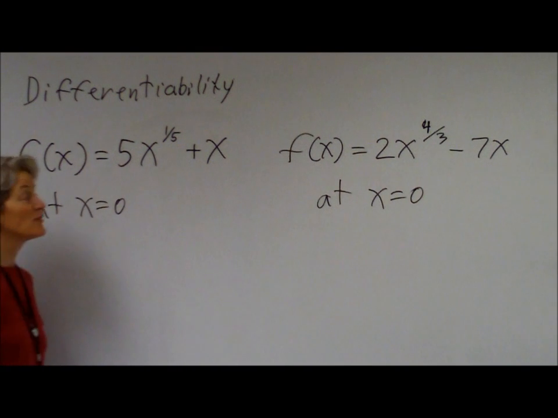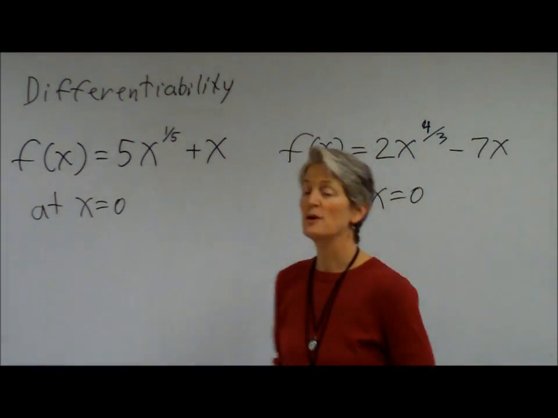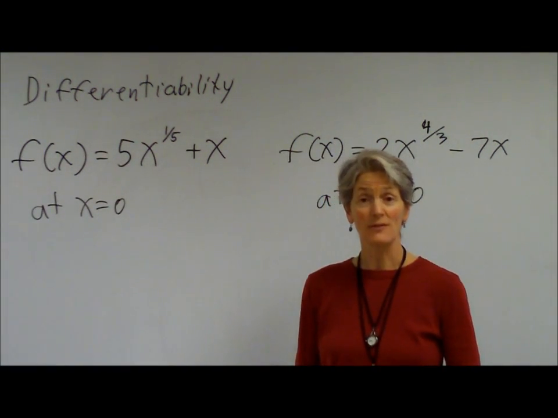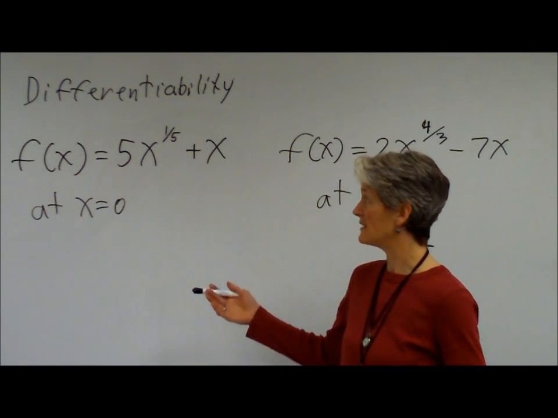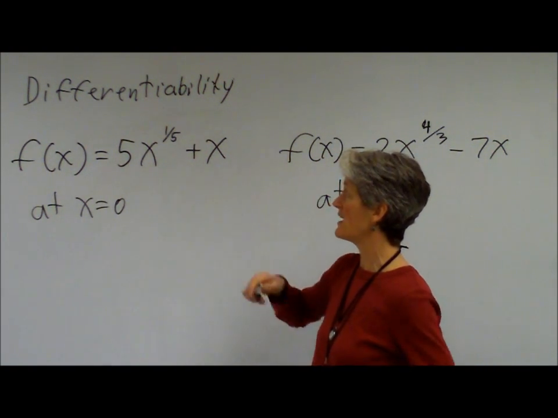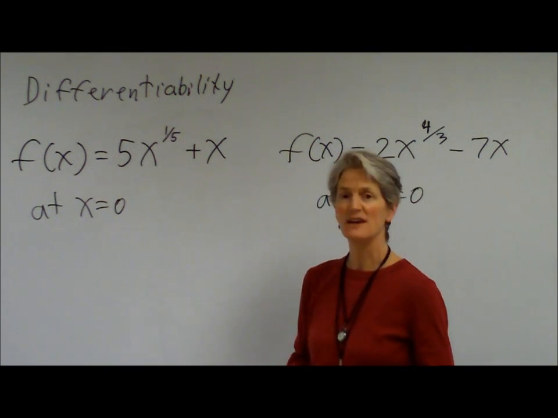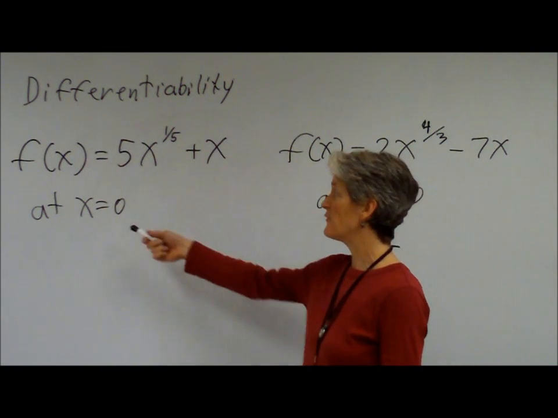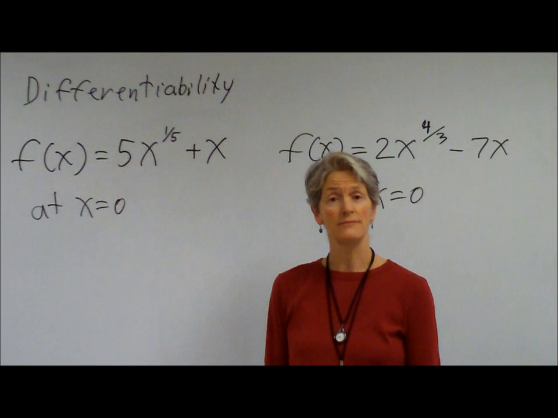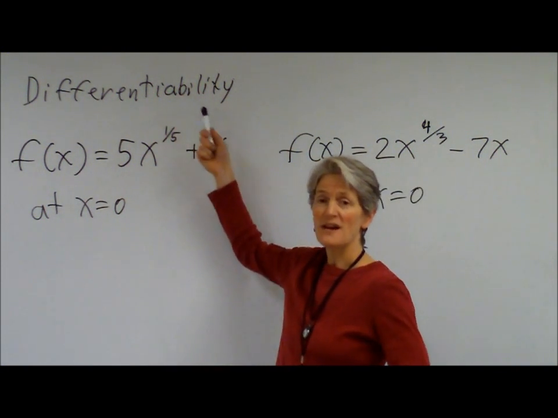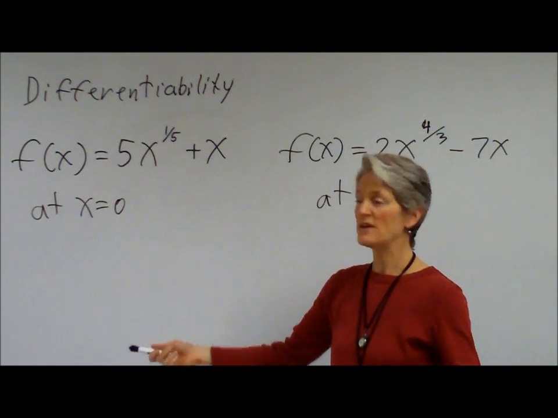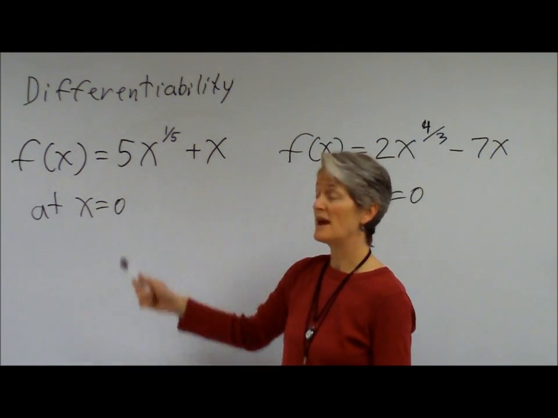So how do we determine if a function is differentiable at a point if we're not looking at the graph? Well, we can try to do it algebraically. Here's a function, f of x equals x to the 1/5 plus x. The question is, is this differentiable at x equals 0? When we're asking if it's differentiable, we're asking, can you find the derivative of this function when x equals 0?